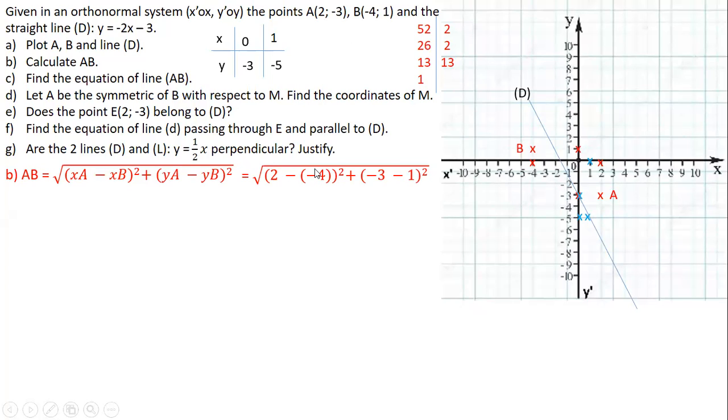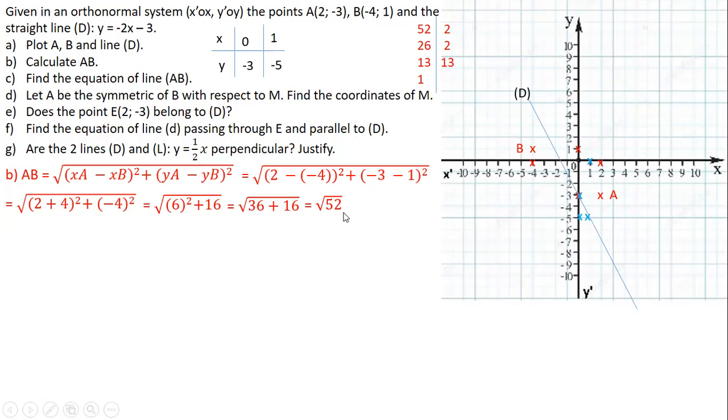Negative times negative is positive. -3 minus 1 is -4. Now 2 plus 4 is 6. -4 squared is 16. 6 squared is 36. 36 plus 16 is radical 52.